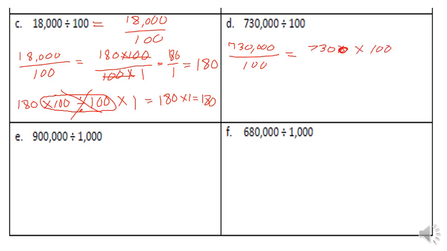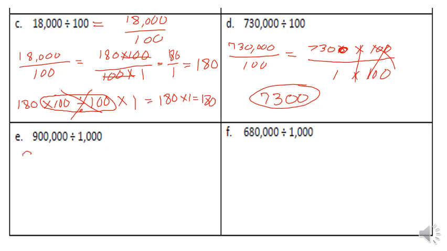It's going to be 7,300 times 100. Then on the bottom, I'm going to go 100 times 1. I'm just writing it backwards so it's easier to see. Now I can line out the common factor because I have 100 on top, 100 on bottom, and I end up with 7,300 divided by 1, so I know our answer is 7,300.